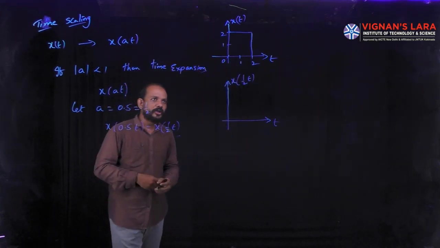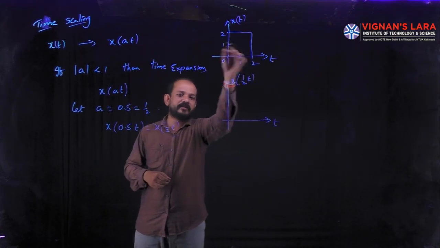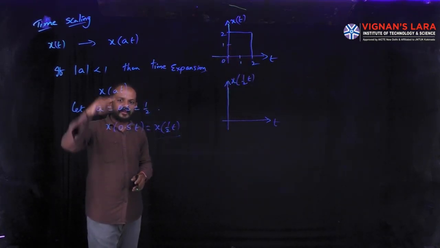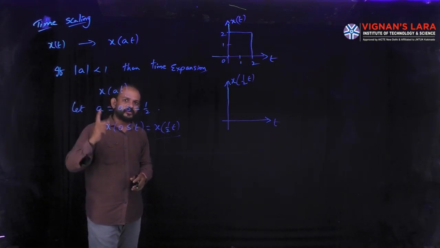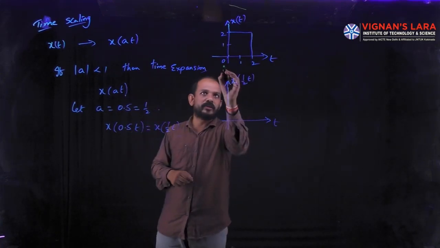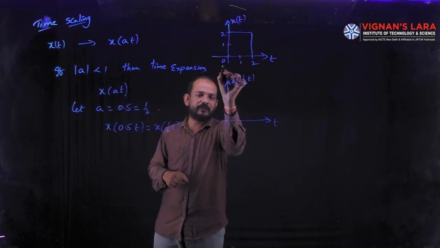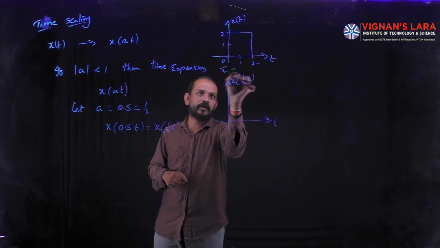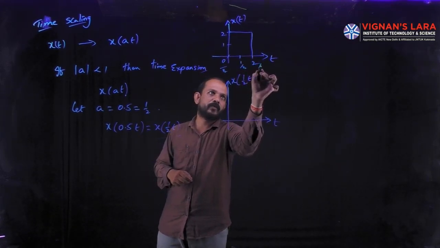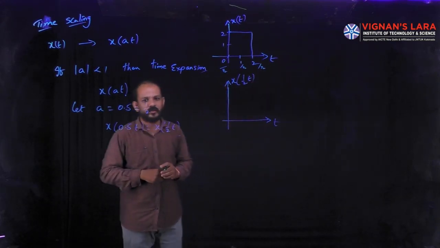Here also you have to divide every time instant by the scaling factor a. There the value of a was 2. Here the value of a is 1 by 2. That means you have to divide the first time instant 0 by 1 by 2, and likewise divide every instant by 1 by 2.